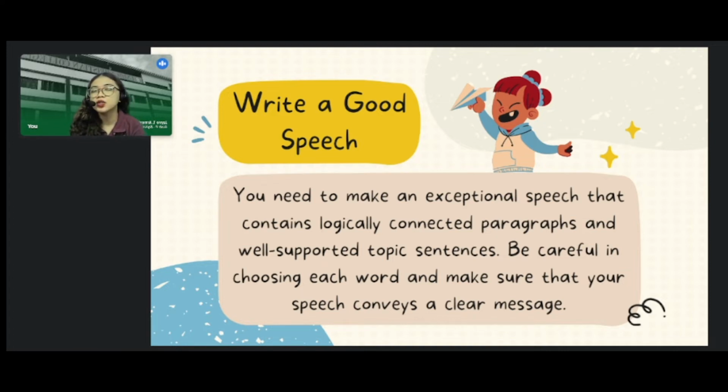It means also after following the principles of speech writing, of course, you will follow the three parts of speech: the introduction, body, and conclusion. And of course, in writing a good speech, you need to use logically connected paragraphs, good transition of your sentences, and use conversational words.